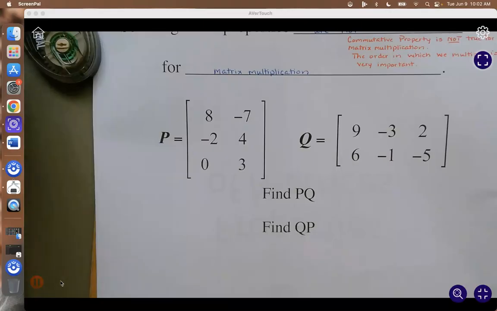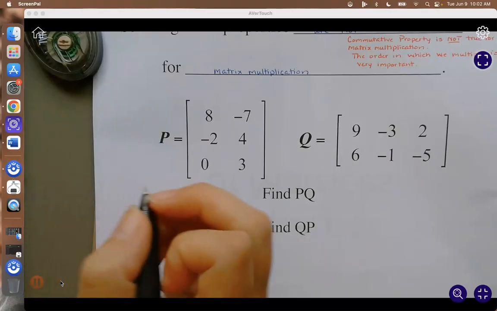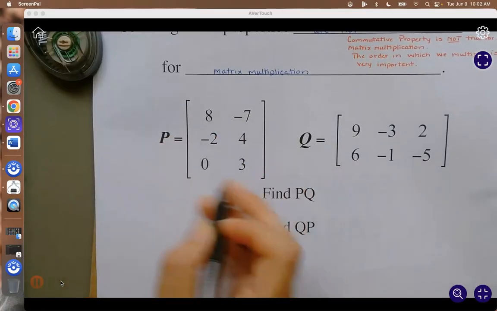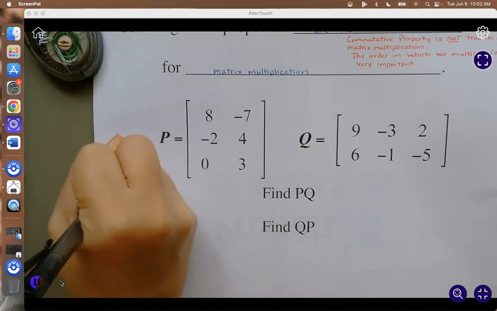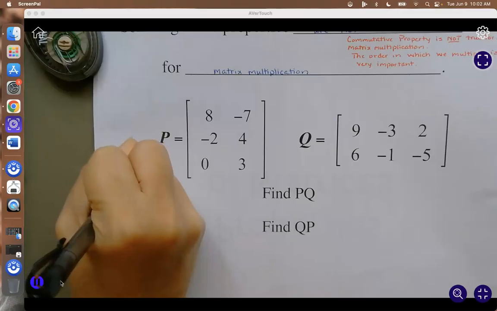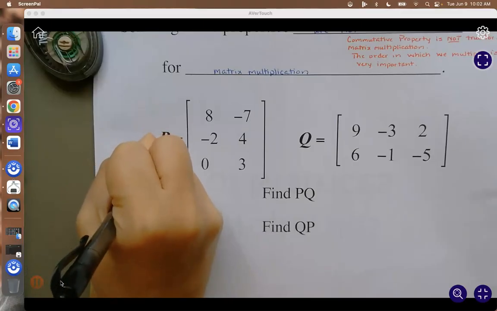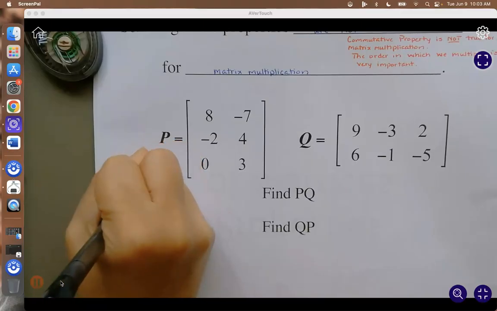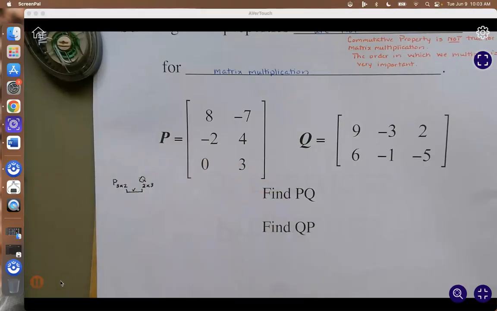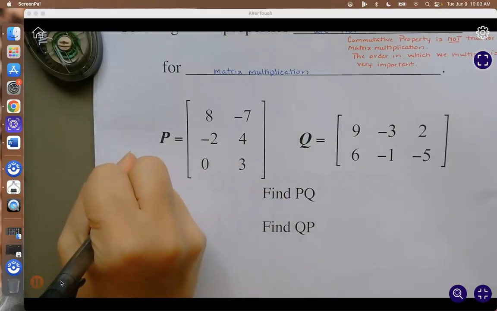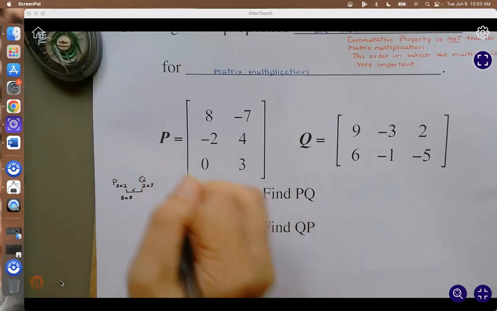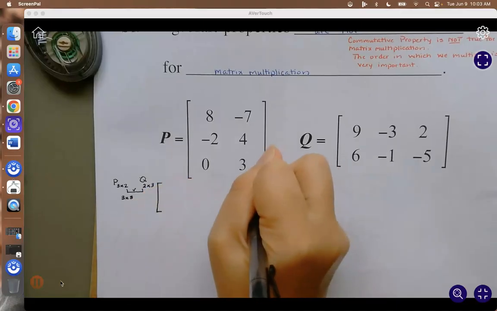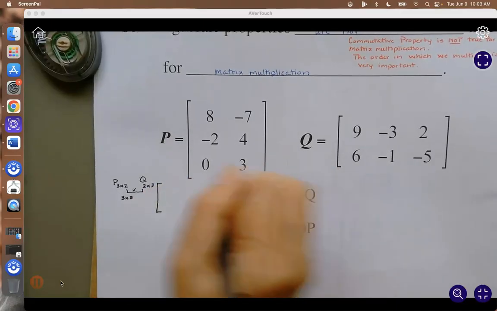Okay, so we're going in this order. P is a 3 by 2. Q is a 2 by 3. So that works. So our answer's going to be a 3 by 3. Okay, so we're going to try to make this work here.